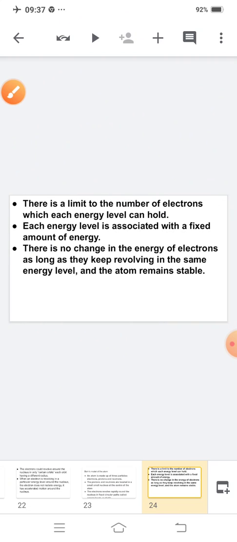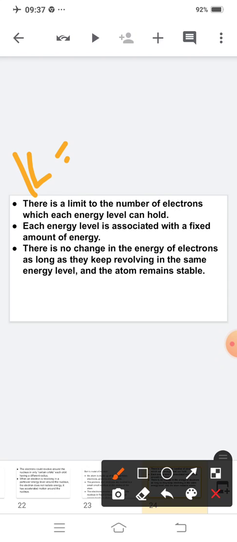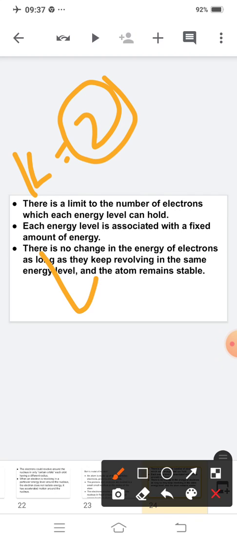Now, there is a limit to the number of electrons which each energy level or shell can hold. Clear? See, K can hold only 2 electrons. That means in the first shell you can only locate 2 electrons. L, 8.